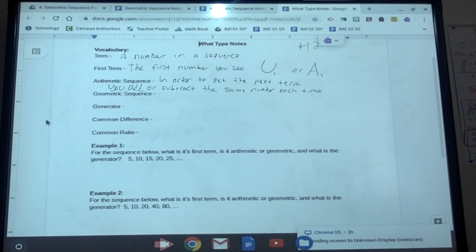Then a geometric sequence is the same thing, except you multiply or divide to get the next number.